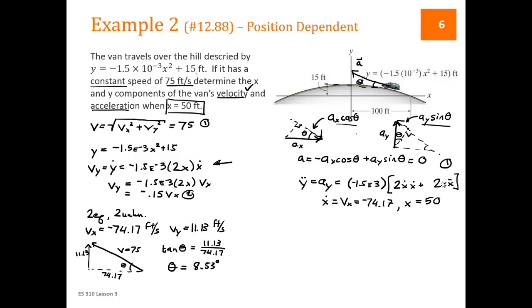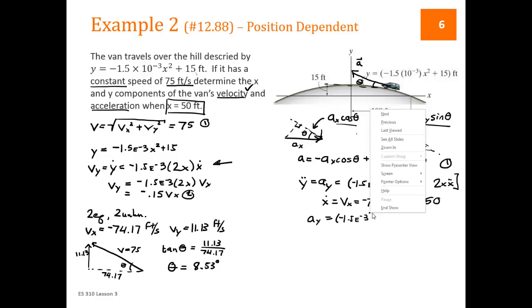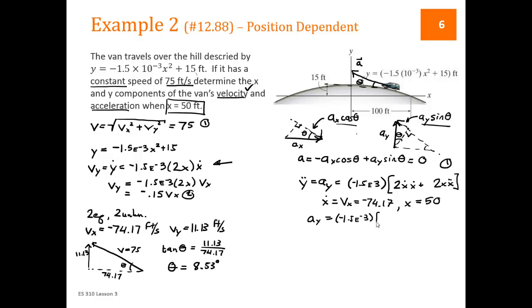So we can plug those two in and we get our second equation, which says that AY is negative 1.5 e negative 3, 2 times negative 74.17 squared, there's 2 of those, plus 2 times 50 times AX. So we have an expression for AY in terms of AX, and we have another expression of AX and AY equal to 0. So 2 equations, 2 unknowns.